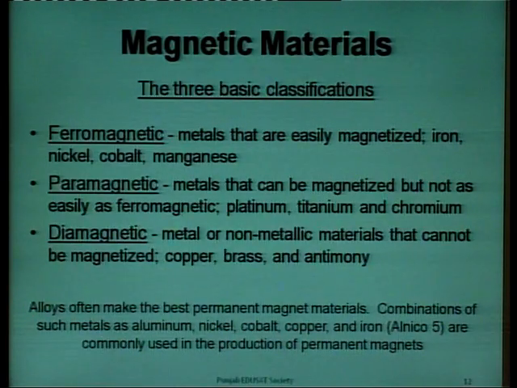Combinations of metals such as aluminium, nickel, cobalt, copper and iron are commonly named Alnico, AlNiCo5, and are commonly used in the production of permanent magnets.